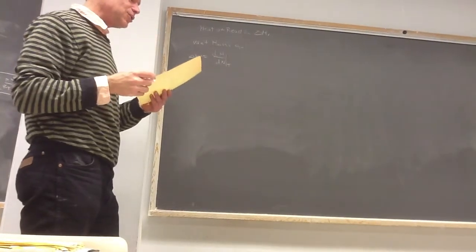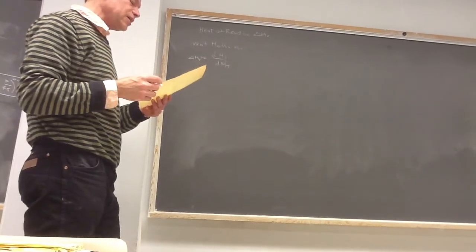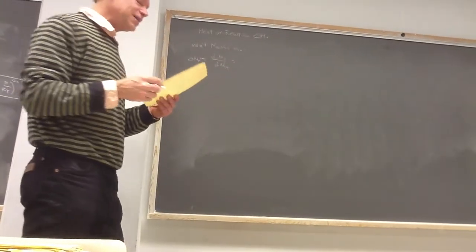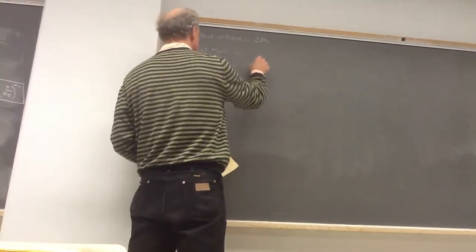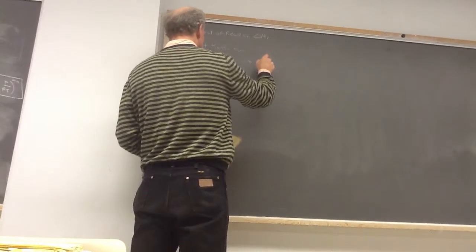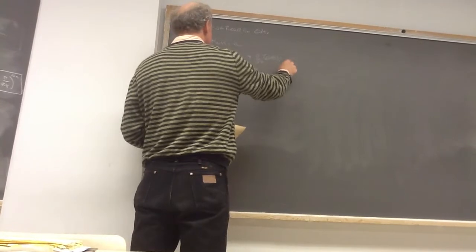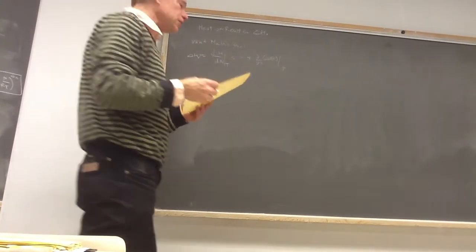Before I get to Van 't Hoff's equation, that'll come afterwards, this is equal to minus T d/dT of delta G at constant pressure and N_j.